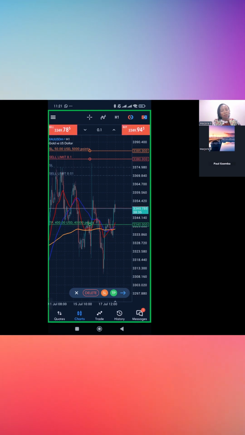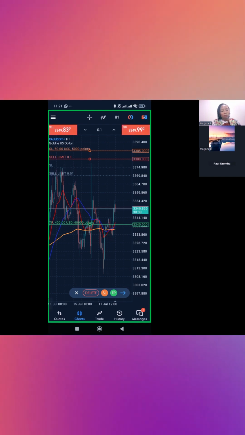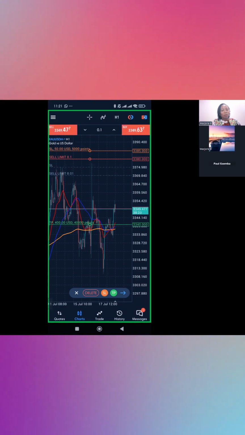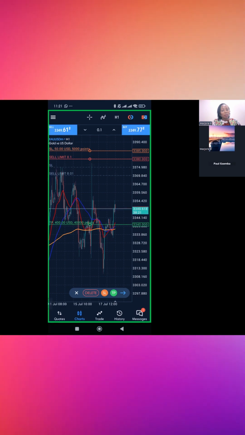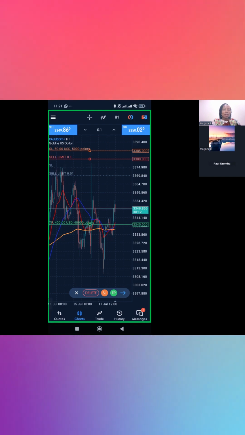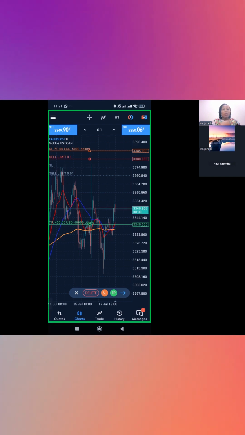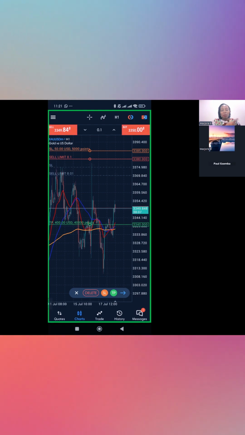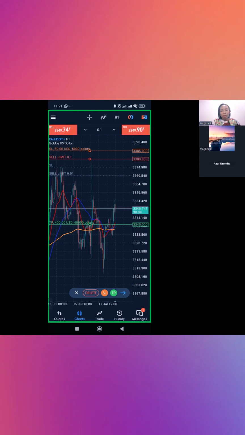And how much can you see for profit? It's 400 USD. Is it 400 or 40? It's 400 USD, yes. Now for that lot size, with gold, every pip is $1.